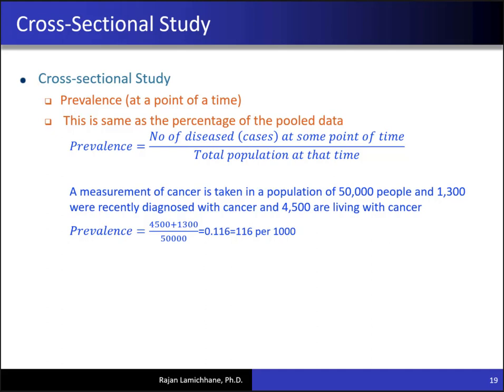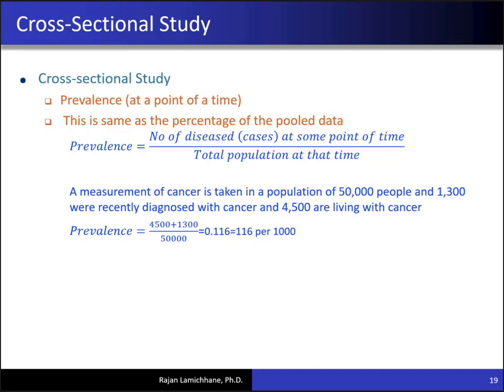Another type of observational study is the cross-sectional study. Cross-sectional studies are very useful in looking at trends, and it is just a snapshot of data at a time point. So you can think of a cross-sectional study as just the overall picture of the data at one time point.